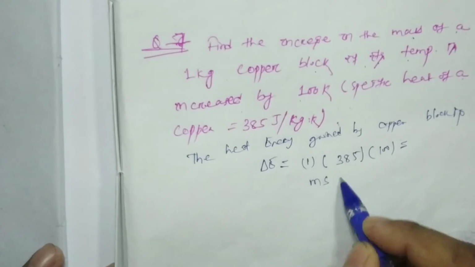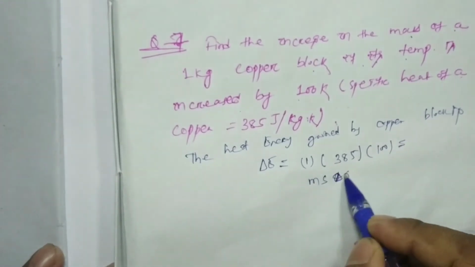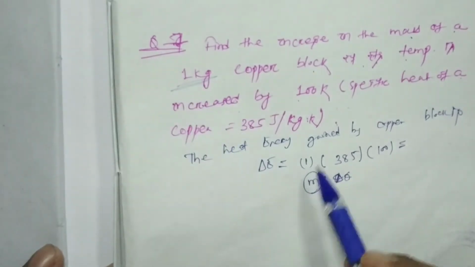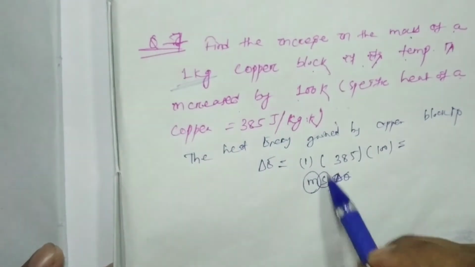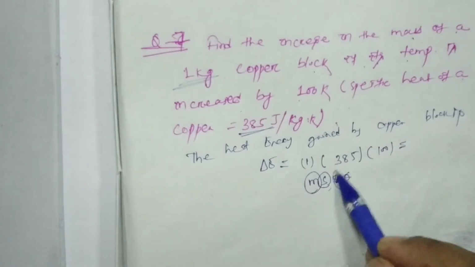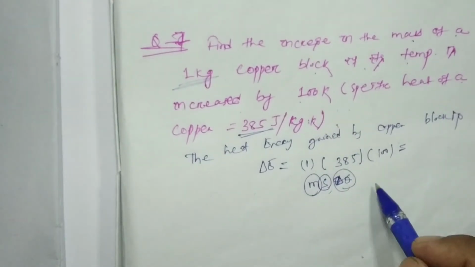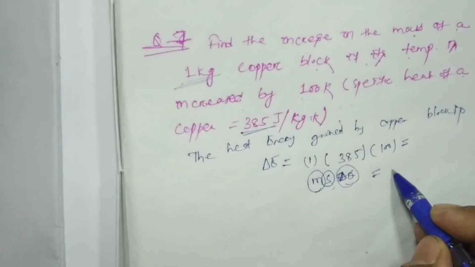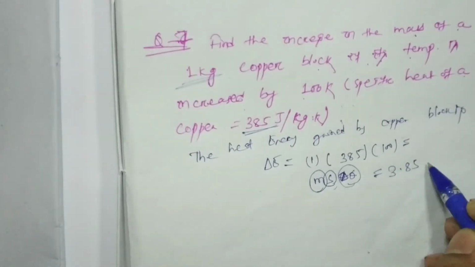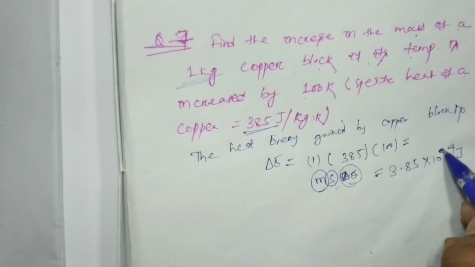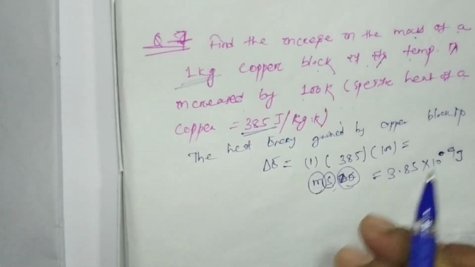Here m is the mass, 1 kg given. S means specific heat. Here theta means change of temperature. The increase of temperature is 100 Kelvin. So we found the change of energy is approximately 3.8 into 10 to the 4 joule.